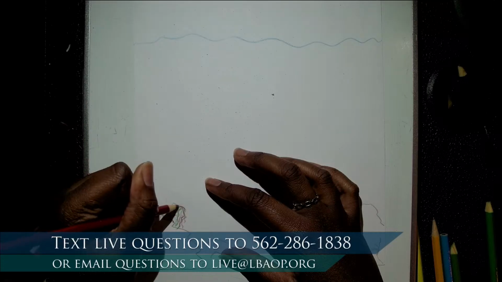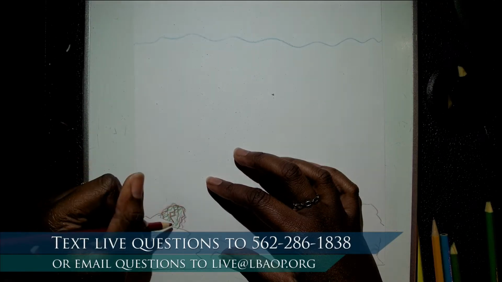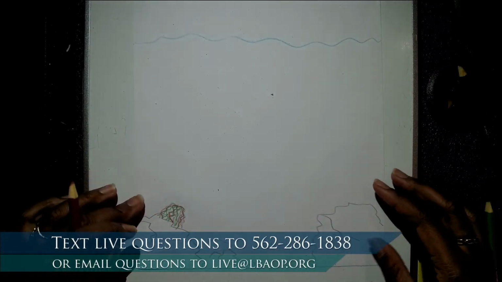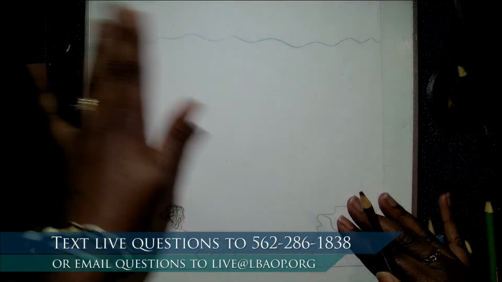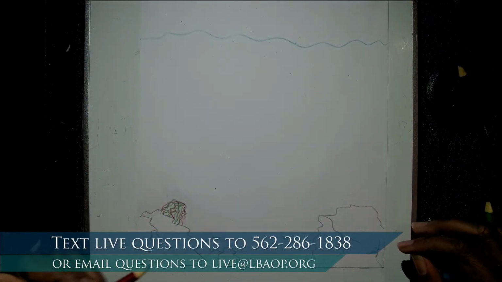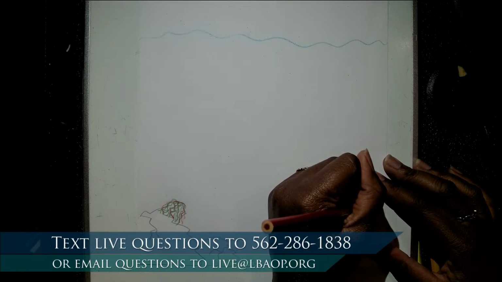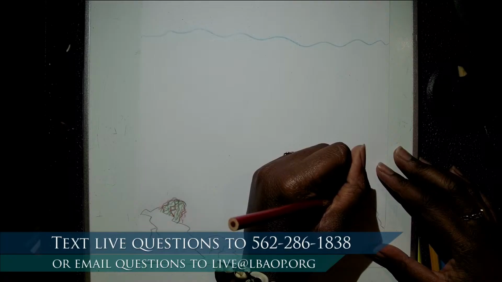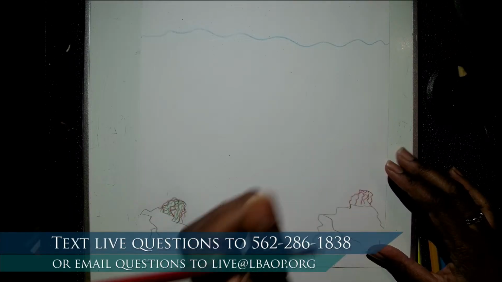If the colors that you have are not exactly how it looks in the picture or in the video, that is okay because we are scientists and artists, so it can be however you choose to make it. I'm going to go ahead and draw another holdfast up over here. So I'm just adding more squiggly lines, just like so.